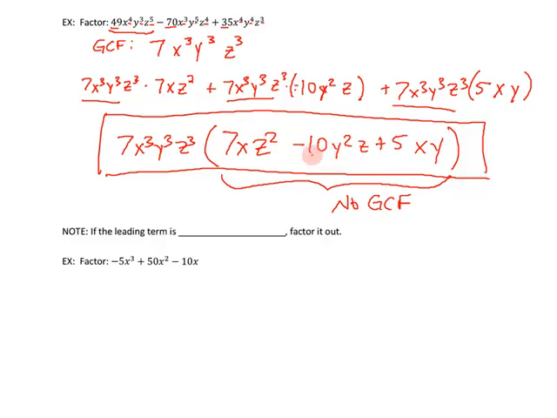All right, next thing. Same process on the next example, but there's a rule we're going to adopt from this point on. Anytime we see that the leading term of a polynomial is negative, we're going to factor out the negative sign.